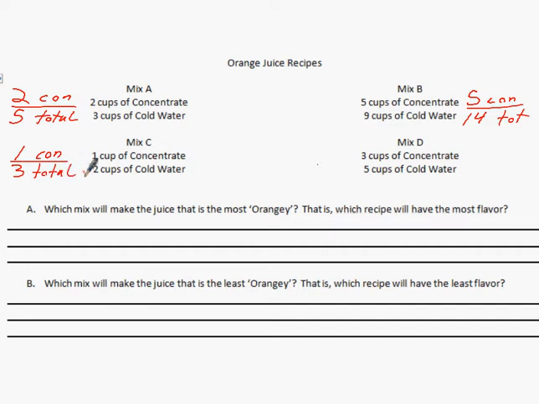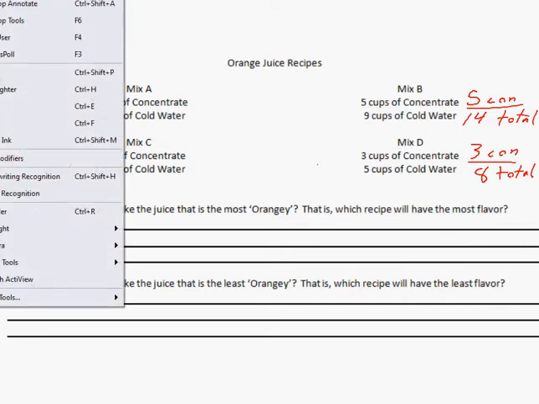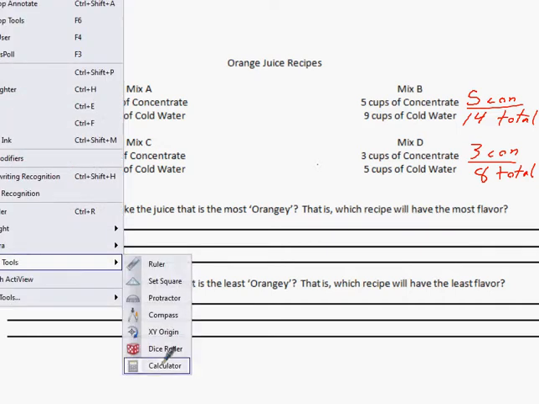Mix D, 3 cups of concentrate over 8 total cups. Now, we can't really compare these yet to figure out which one has the most, so what we can do is turn them all into percentages. We've already done some practice on this, so I'm going to break out a calculator to speed it up a little bit.